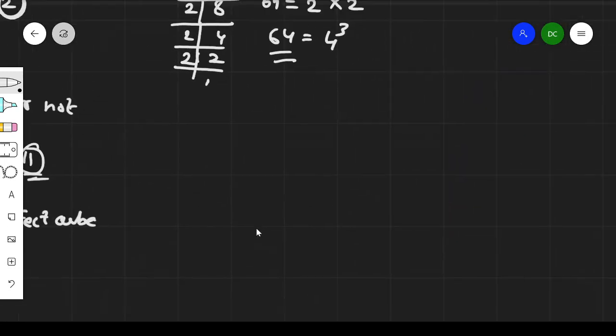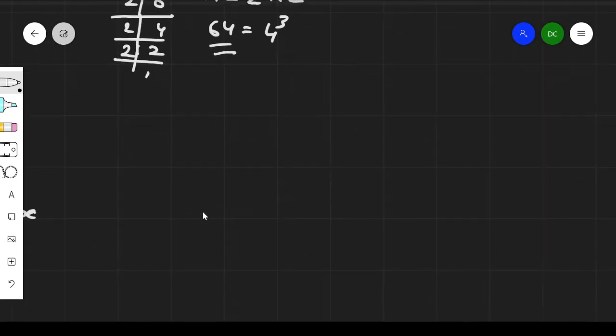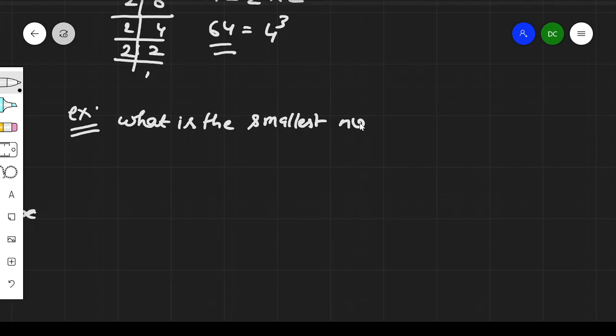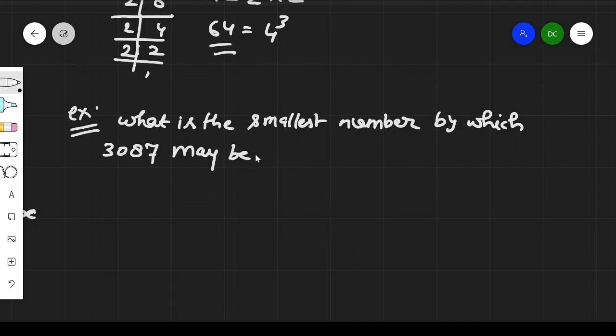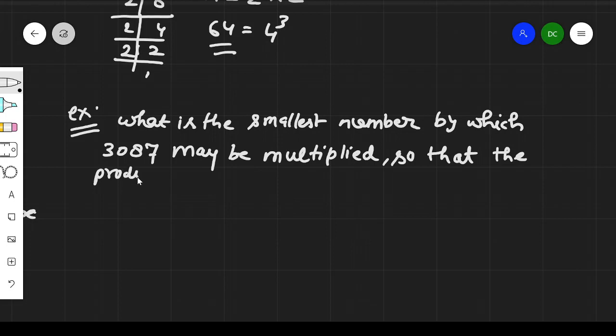Now some questions will come like, what is the smallest number by which 3087 may be multiplied so that the product is a perfect cube?